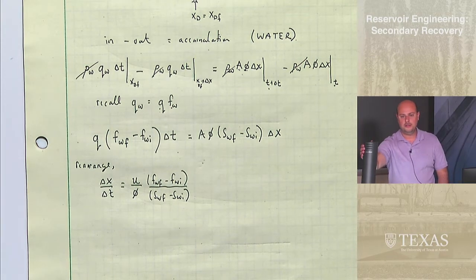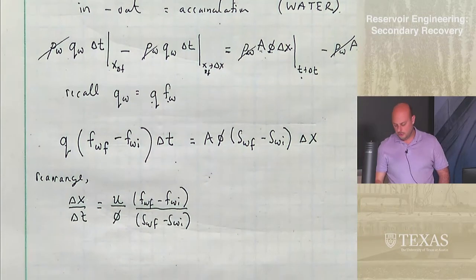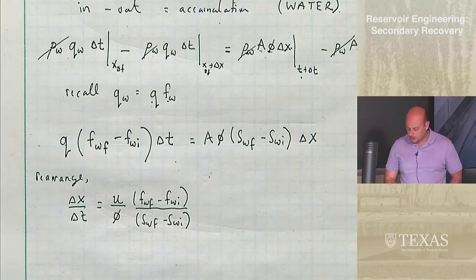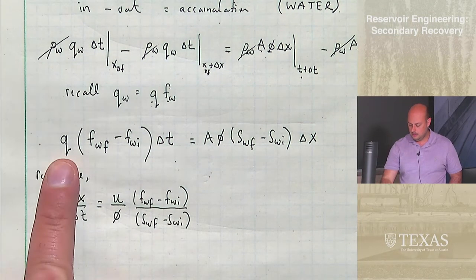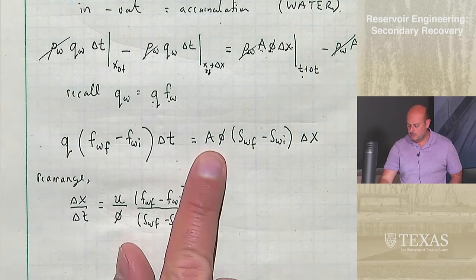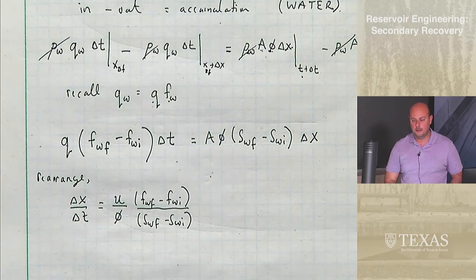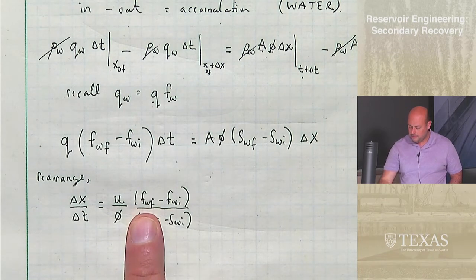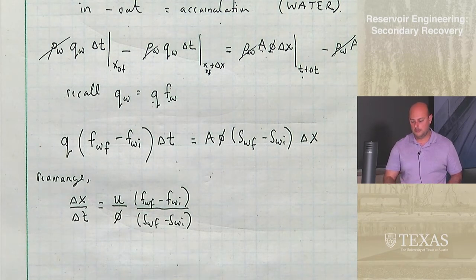Let me talk about that just for a minute. U is, of course, the Darcy velocity. It's the production rate Q divided by the cross-sectional area A. Phi is the porosity. FWF is the fractional flow of water at the front. FWI is the fractional flow of the initial water saturation.